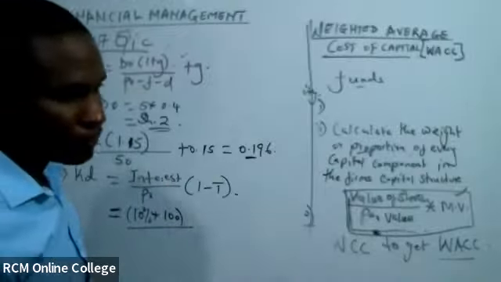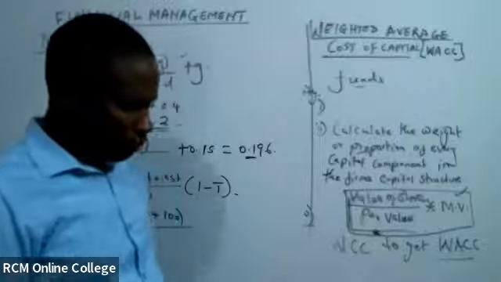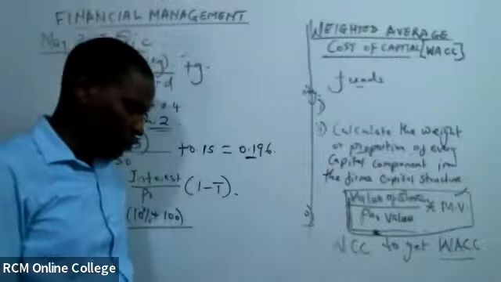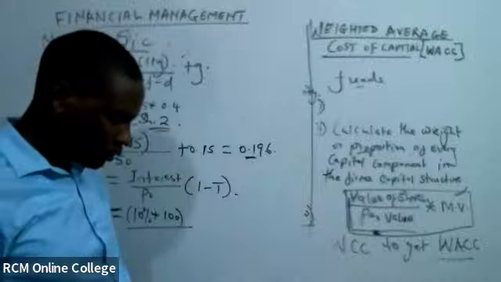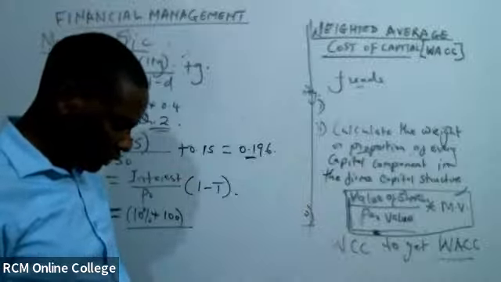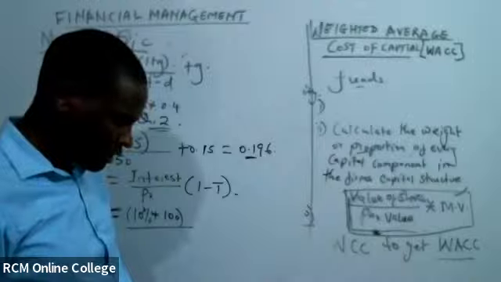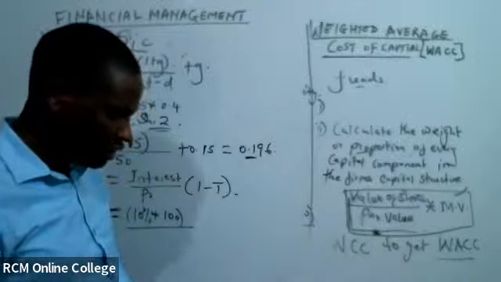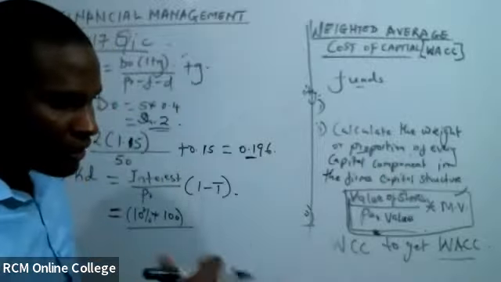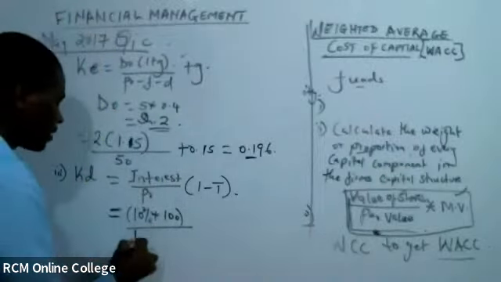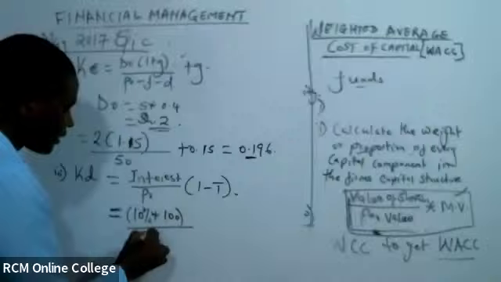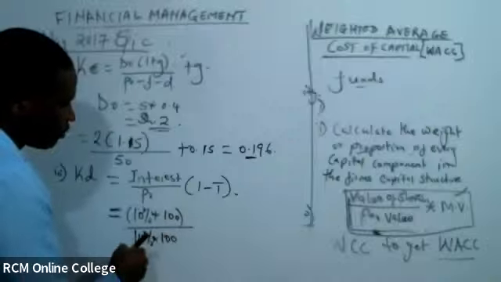What are they saying about the market price of this debt? In the additional information, the existing 10% debenture is currently trading at 110% of par. So it is 110% over 100, that will be 110.